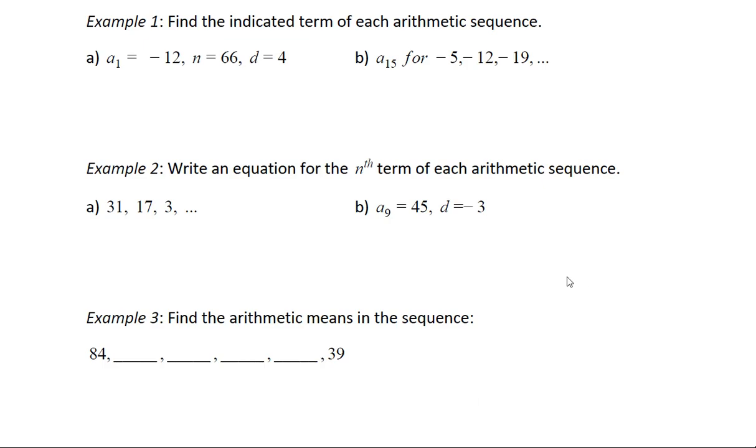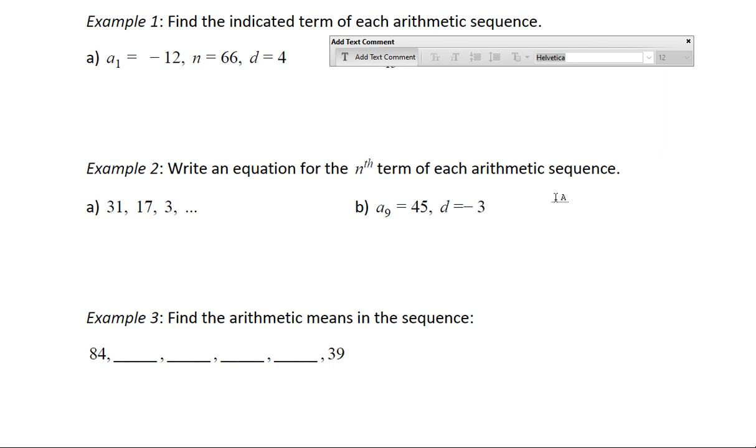So maybe over here in your notes, we can say for these, define first term, n, let's see. Well, we're looking for the nth term, so we don't want n. We want the first term and the common difference.